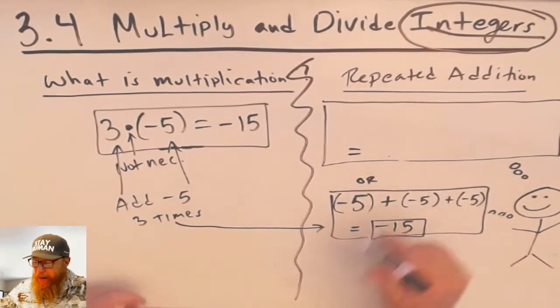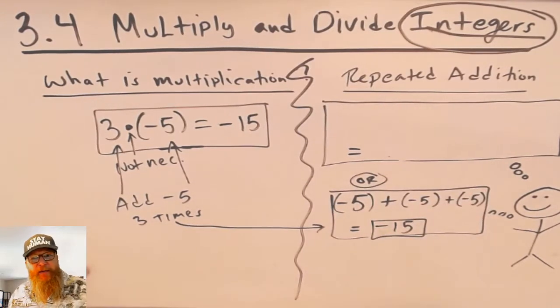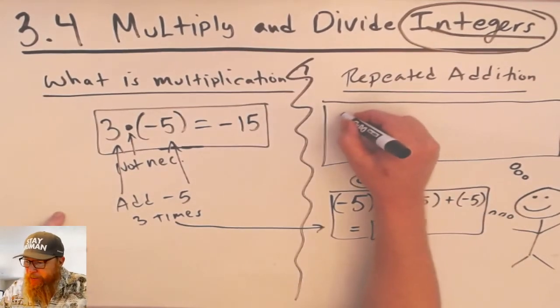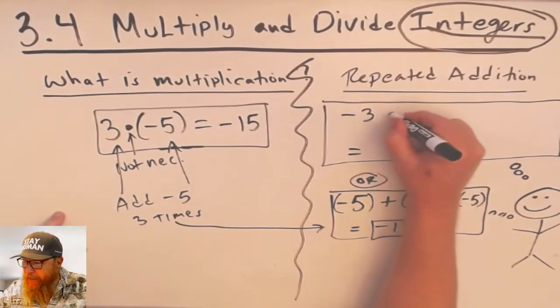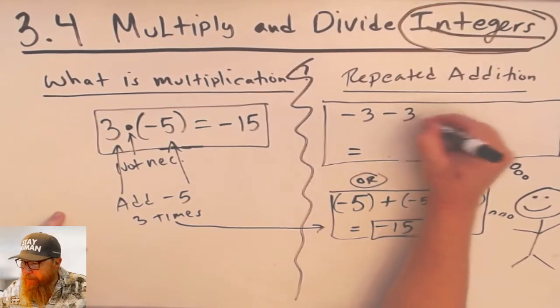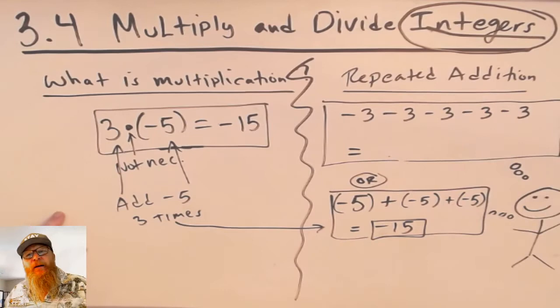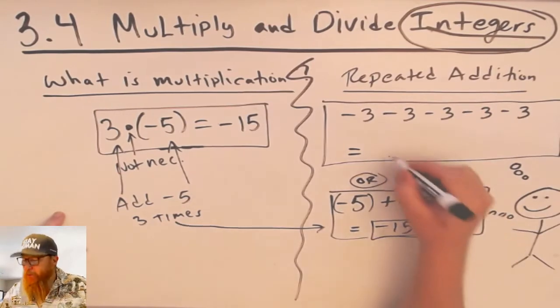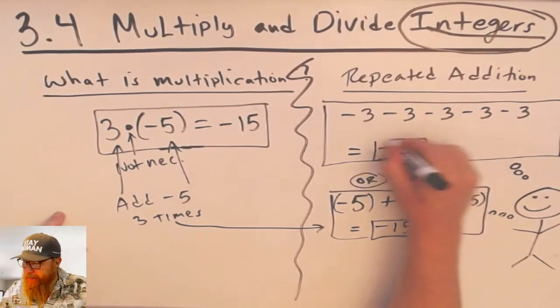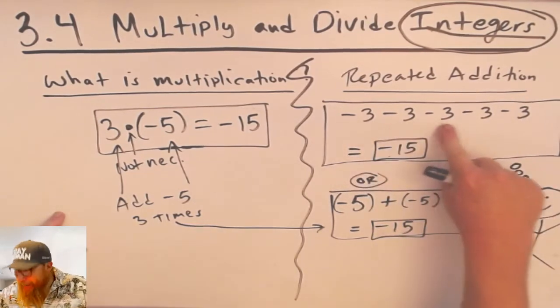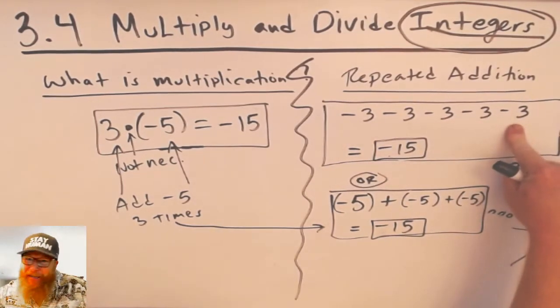Or another way to think about it, because you always have 2 ways to think about it, you could subtract negative 3 5 times, which would also be negative 15. This one's a little tougher because you got negative 3, negative 3, negative 3, negative 3, negative 3, but go ahead and count that up.